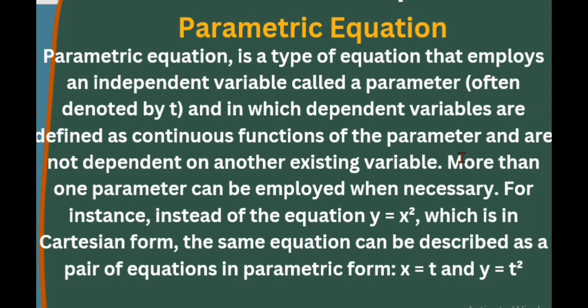For instance, instead of the equation y = x^2, which is in Cartesian form, the same equation can be described as a pair of equations in parametric form. That is, we take x to be equal to t. Therefore, our y now will be equal to t^2.